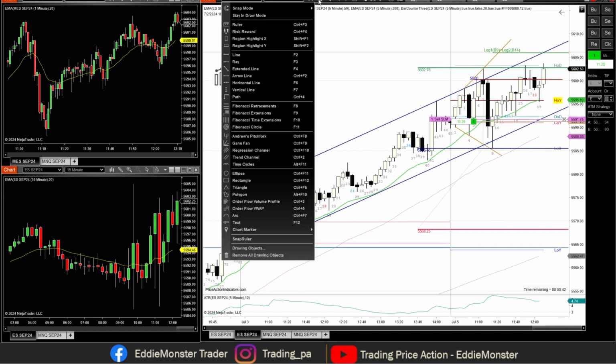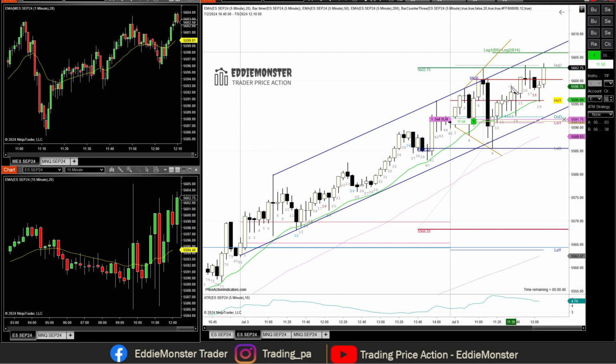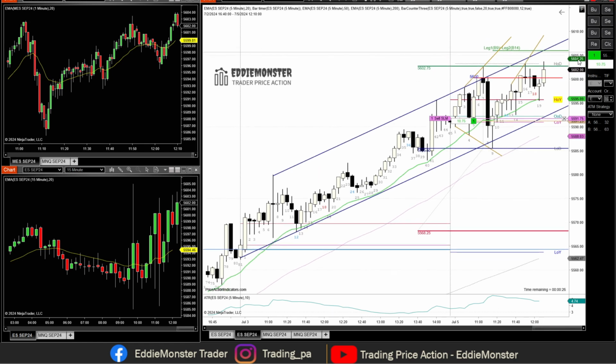What we have here is a couple of channel lines, or we can consider this a wedge here: 1, 2, 3. So probably we will get this target here, and then a deep pullback.